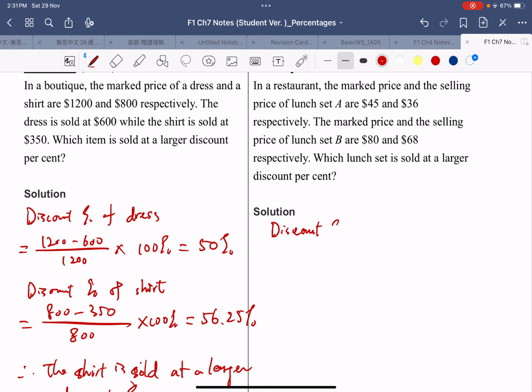Discount percent again of lunch set A equals 45 minus 36 divided by 45 times 100, gives you 20%.